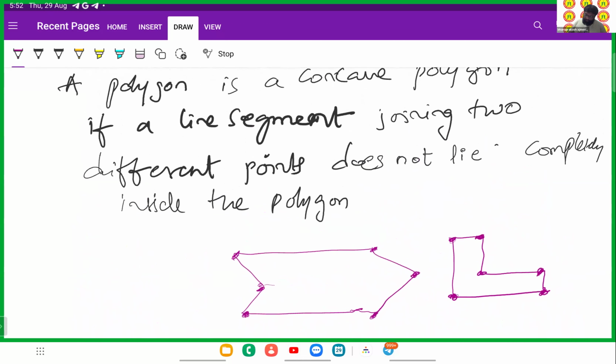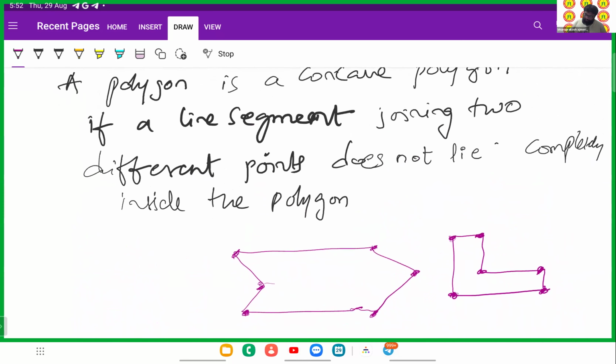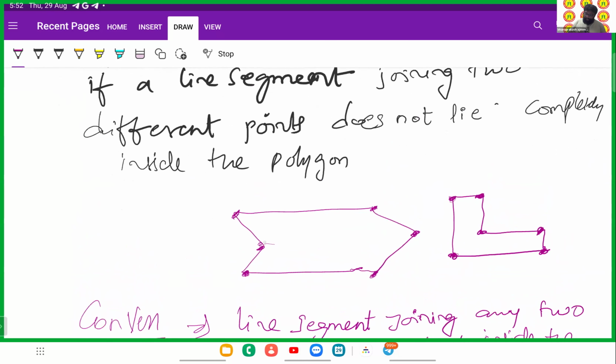So here in a concave polygon, the angle at each vertex can be greater than 180 degrees.